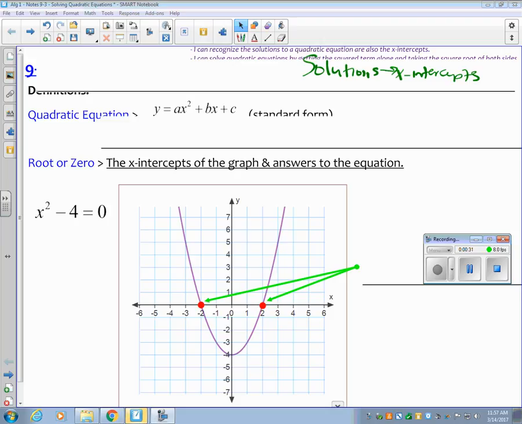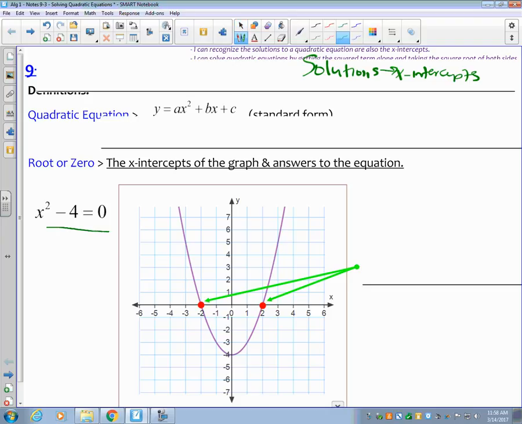So a root or zero is the x-intercept of the graph, and it also happens to be the answers to the equation. So we look at this equation here, x squared minus 4 equals 0.